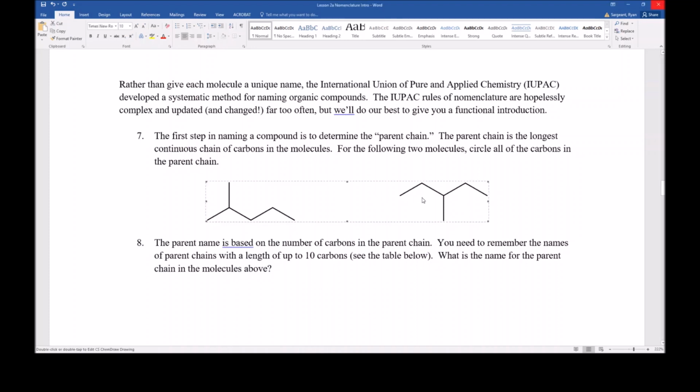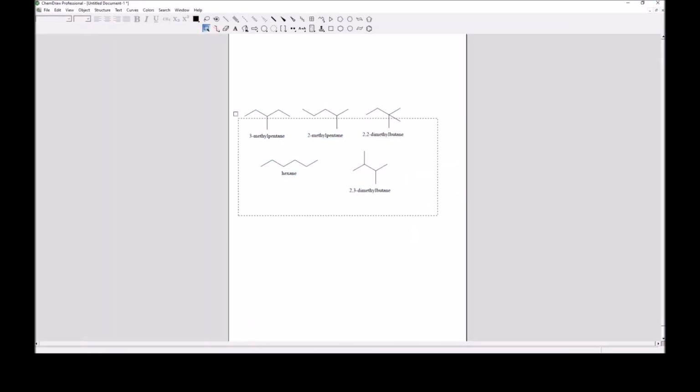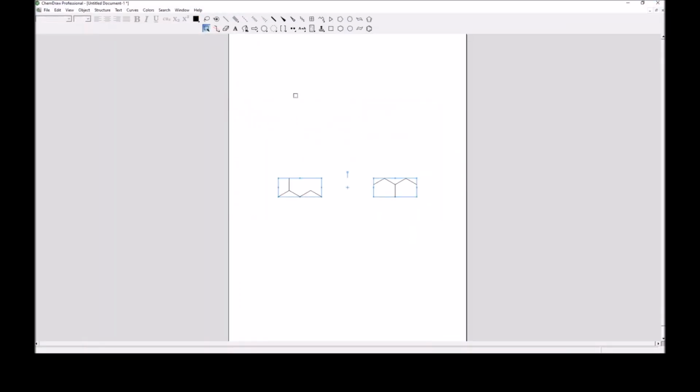It tells me to circle these. I'm going to circle the carbons in the parent chain, so I'll bring this back to ChemDraw and draw a circle around this. Well, a circle-ish shape is what this is. That represents the parent chain, these 5 carbons.